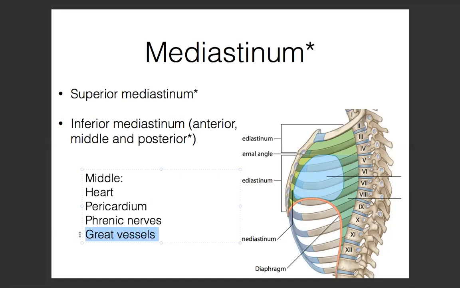The heart with the great vessels, which are basically the aorta, the pulmonary artery, the superior vena cava, and the inferior vena cava. They can all count as part of the middle mediastinum. The pericardium itself we can count as part of the middle, and then the phrenic nerves, which both pass right next to the heart, very close to the heart, and they pass here. So they count as part of the middle mediastinum. Again, the middle mediastinum contents are not that important. They're not really usually asked for, but I only mention them to be fair.